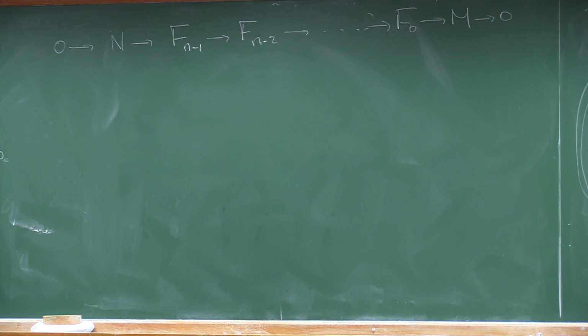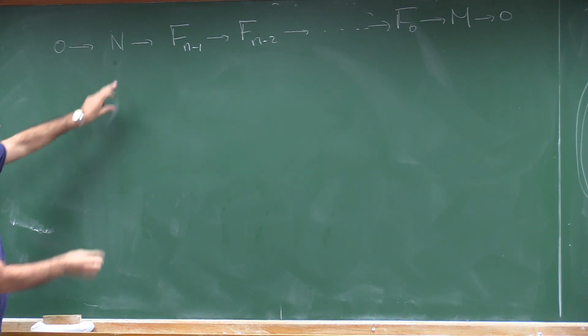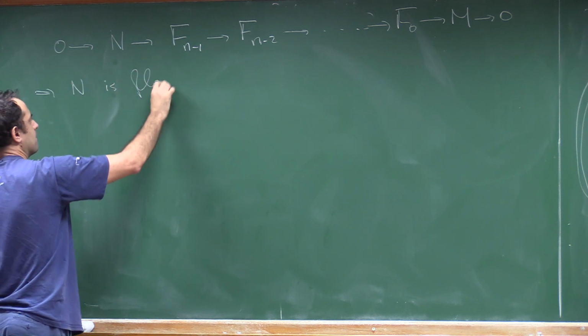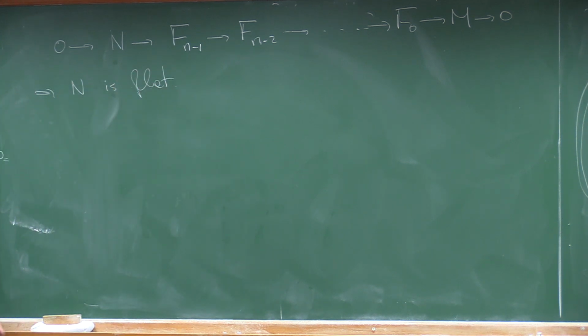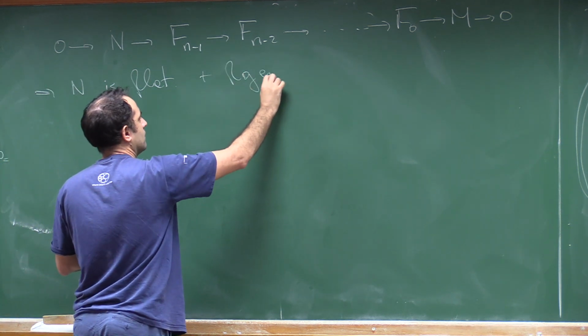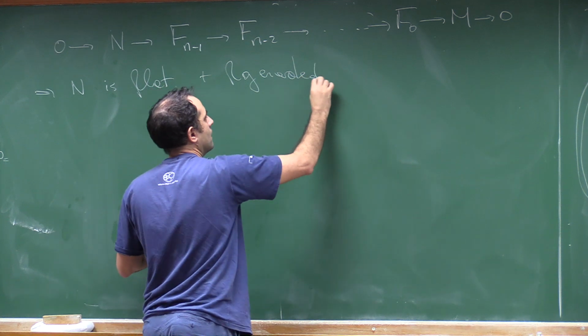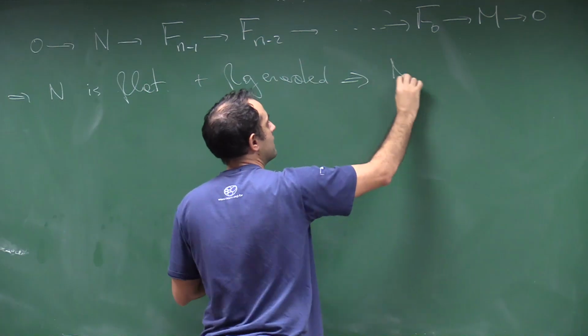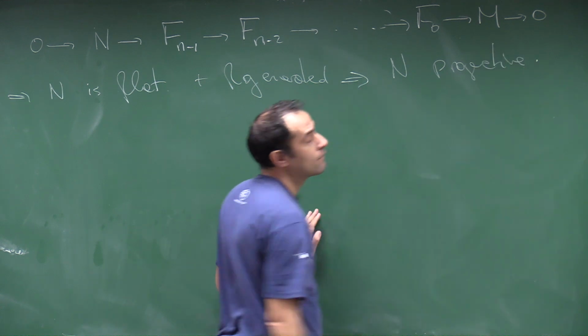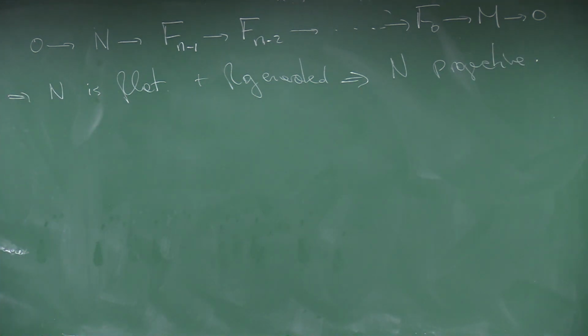And the lemma says that this N here is flat. But it's finitely generated, and therefore this implies that N is projective, from the lemma of the last lecture. Okay, so M does have a projective resolution of length n.